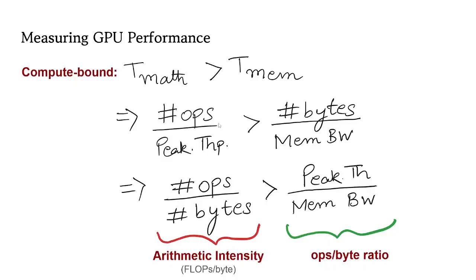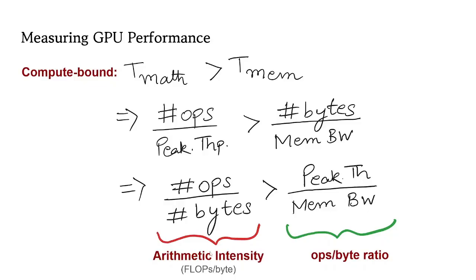We can rearrange this inequality to have on the left-hand side, for a particular algorithm, how many operations it's doing per byte of data transferred to or from memory. On the right-hand side, we have this quantity: what is the peak throughput my GPU is capable of, and what is my bandwidth?